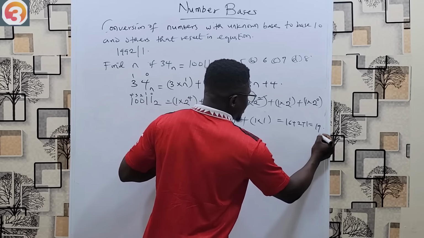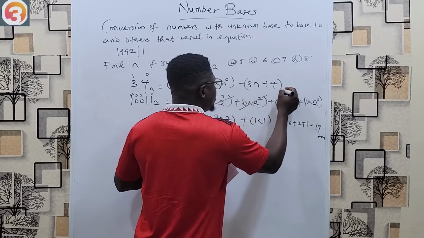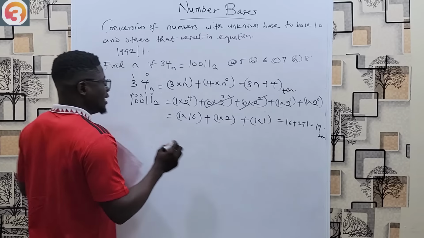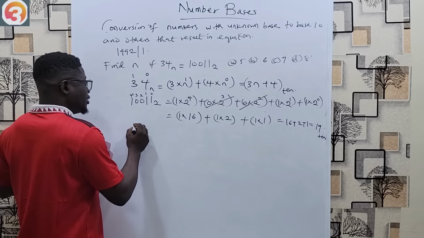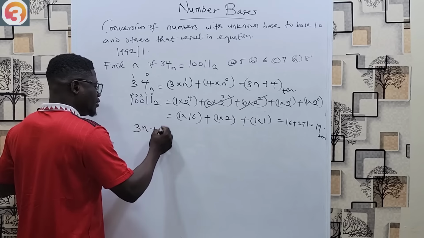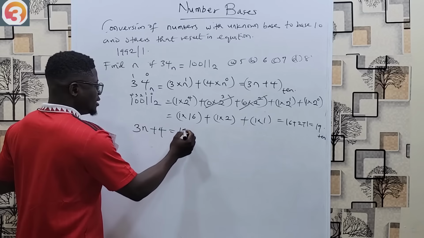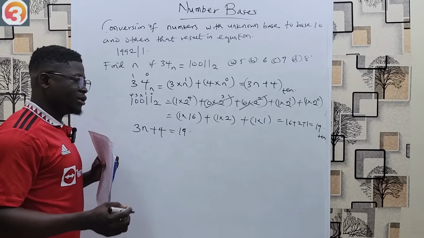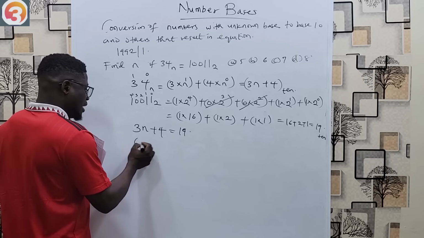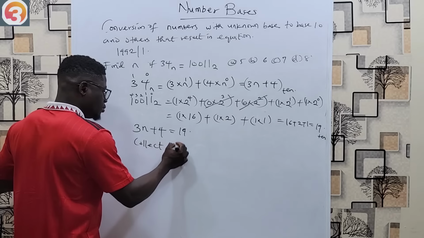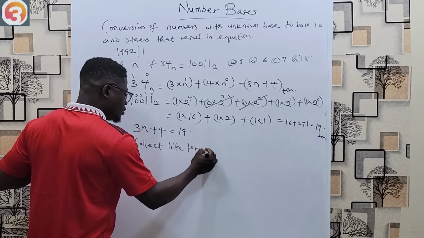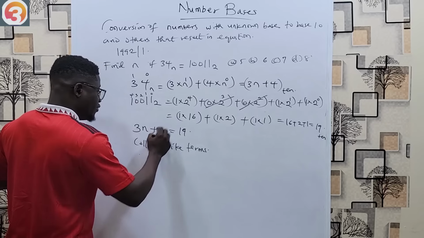All right. Now we can bring the two equations together. This one is in base 10 now, while this one also is in base 10. They are both in base 10. So we can solve. So you now say 3n plus 4 is equal to 19. This is a simple algebraic equation. So what we do, we collect like terms as usual. 4 will go to this side.